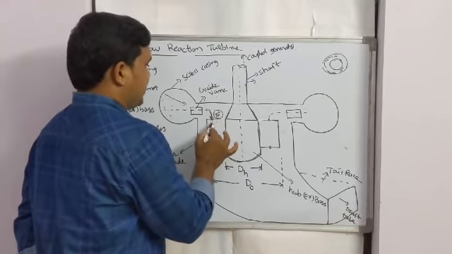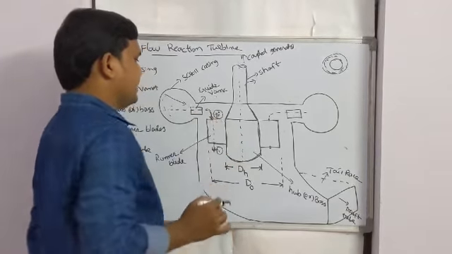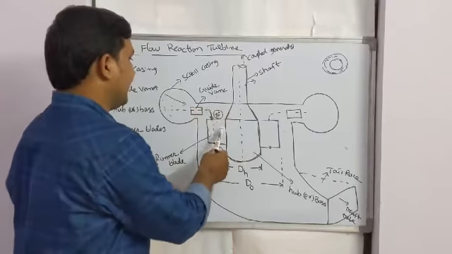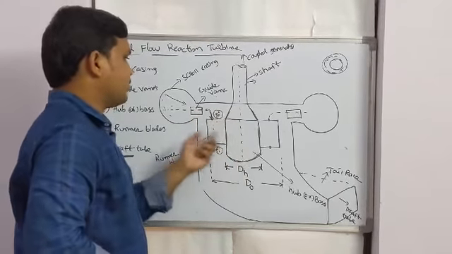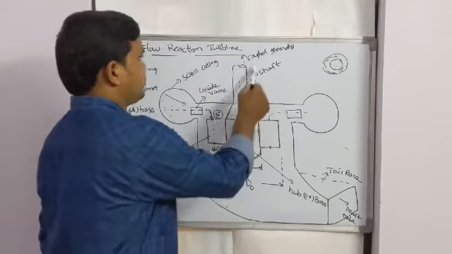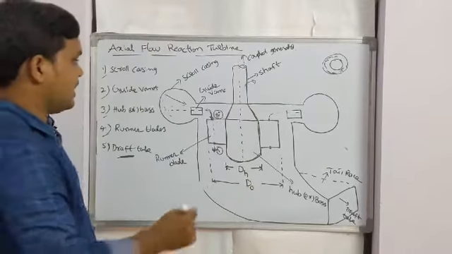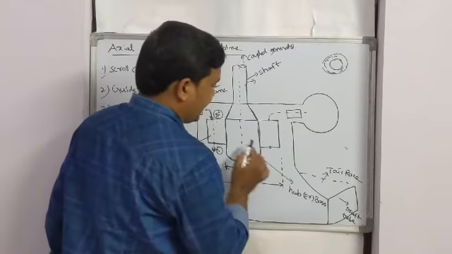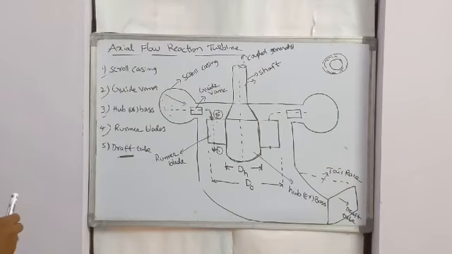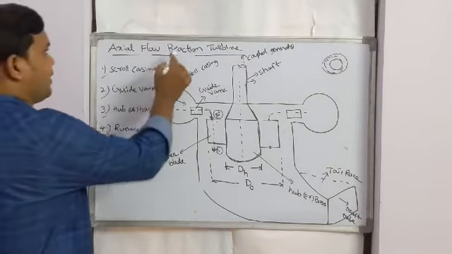Then the water strikes the runner blades and tries to move the blade. Then the hub is rotated. Whenever the blades are moving, the hub is rotating, then the shaft also rotates. Then the water leaves from the exit of the runner to the draft tube. This is the working principle of the axial flow reaction turbine.